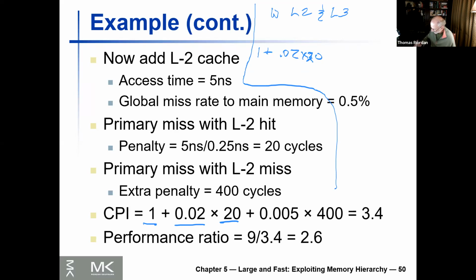And now we're going to put an L3 in there. And we need now a new number, right? Here, this was the L2 miss rate. Now we need an L3 miss rate.